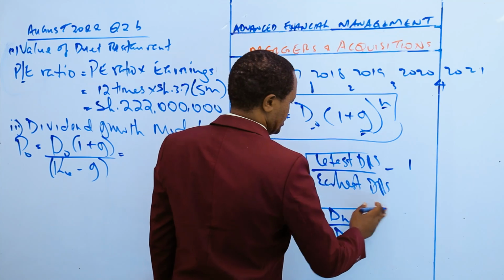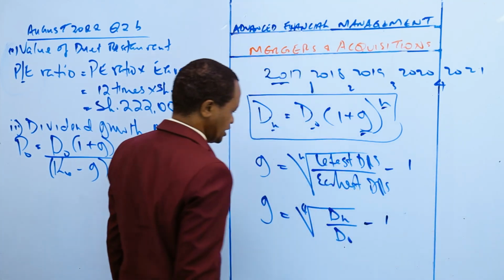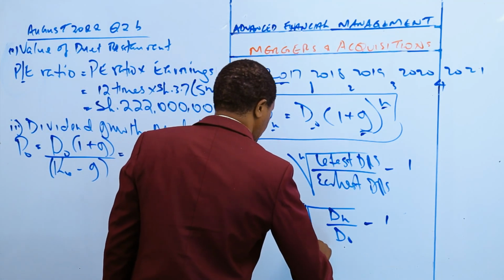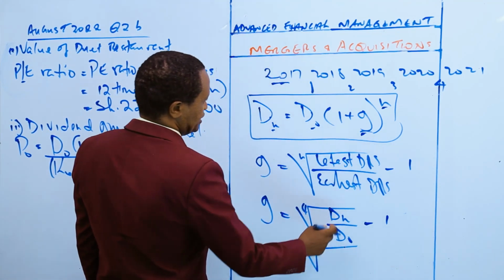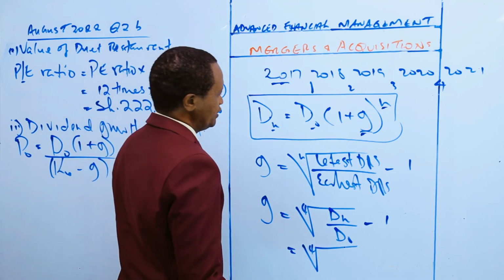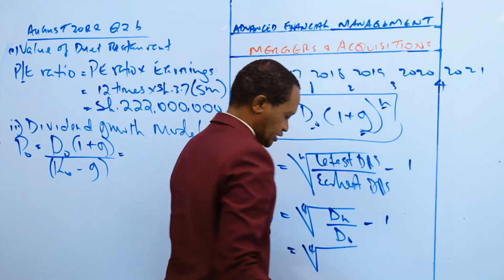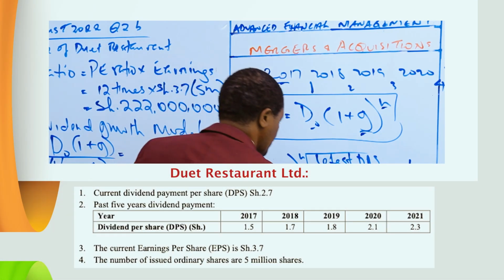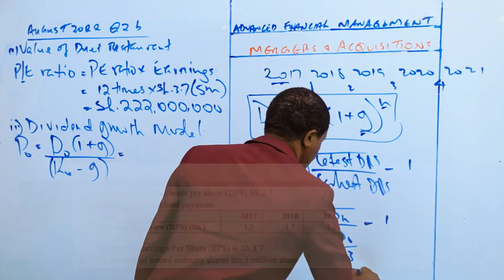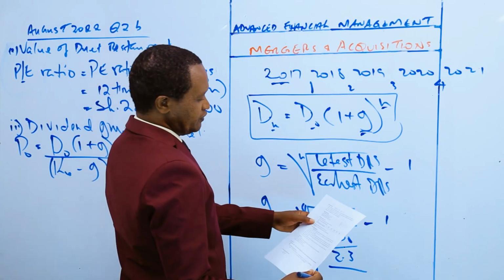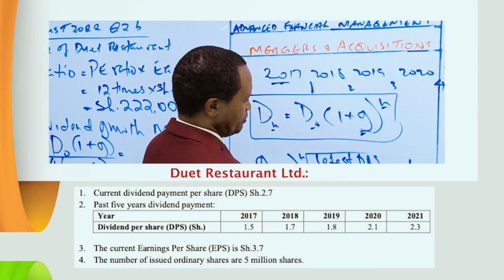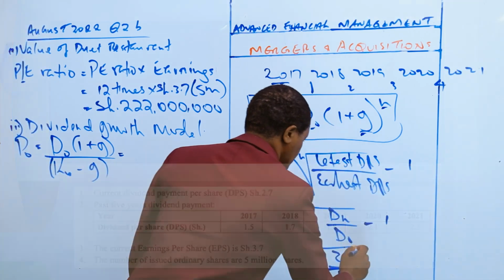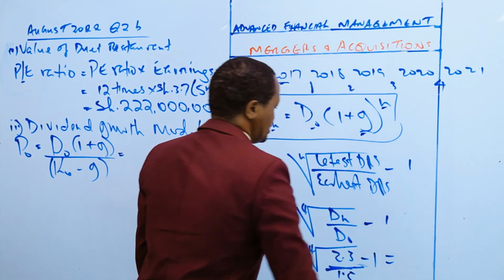So the growth rate is the fourth root of Dn, the DPS for 2021, which is 2.3 shillings per share, divided by D naught, the dividend in 2017, which is 1.5, then we subtract 1. This will give us the growth rate.